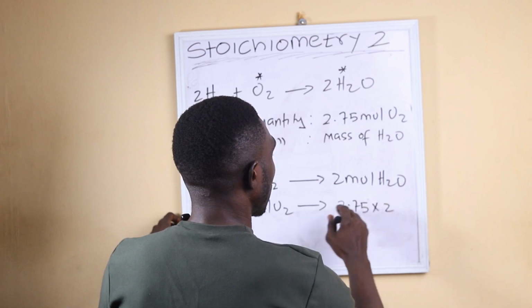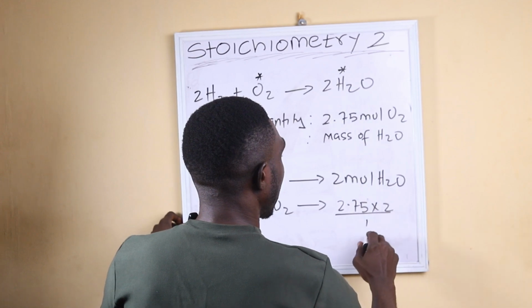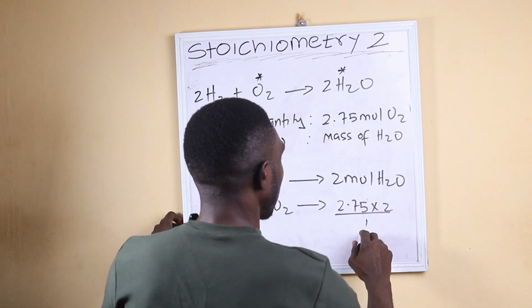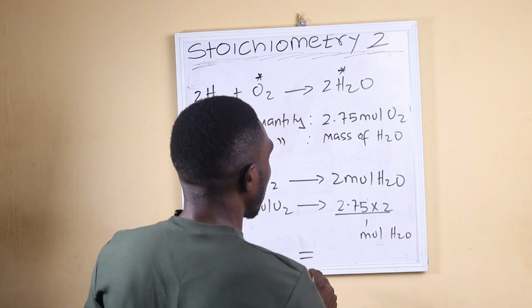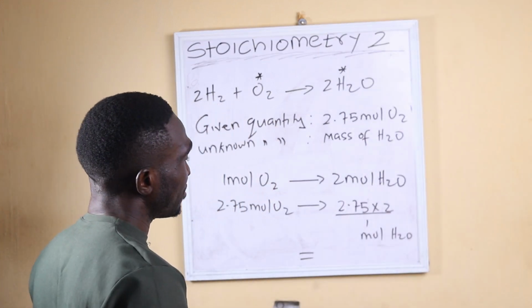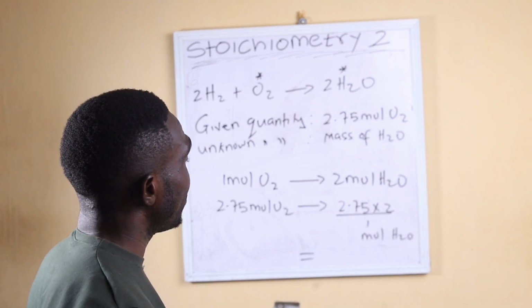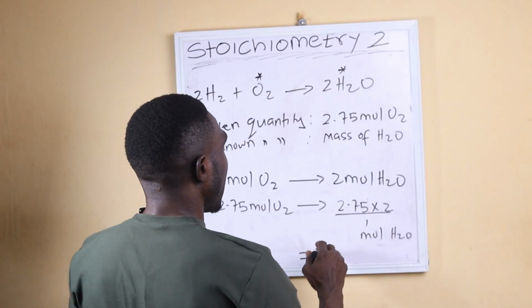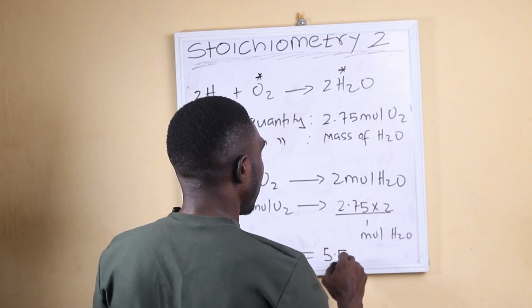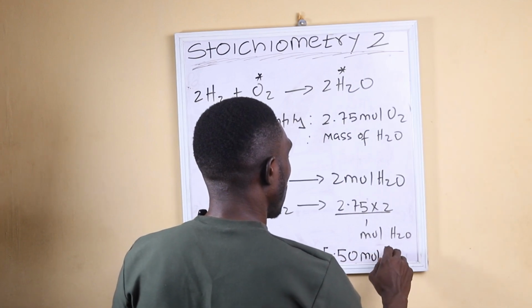Whatever I have here is moles of water. So 2.75 times 2 is going to give me 5.5. So I have 5.50 mole of water.